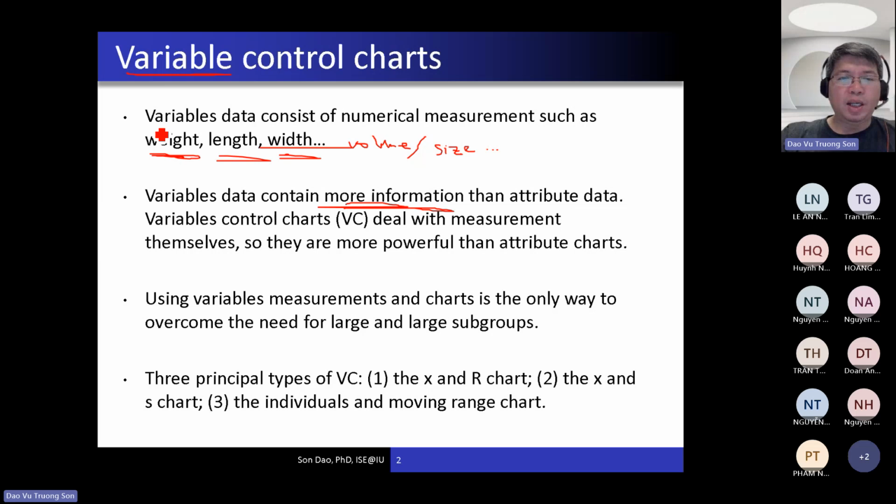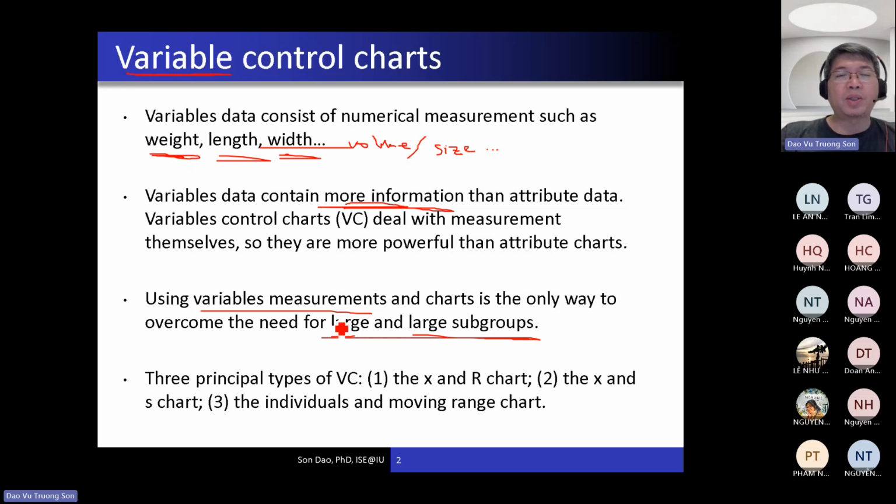And later on, you will see that using variable measurements is the only way to overcome the need for very large subgroups. And large subgroups sometimes are a must in a typical attribute control chart.